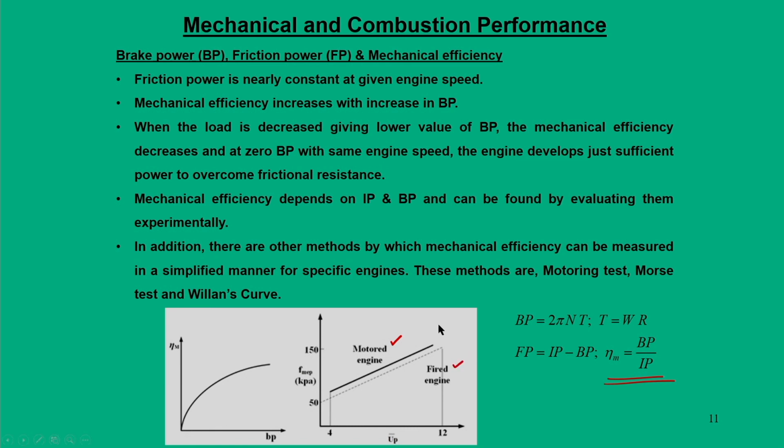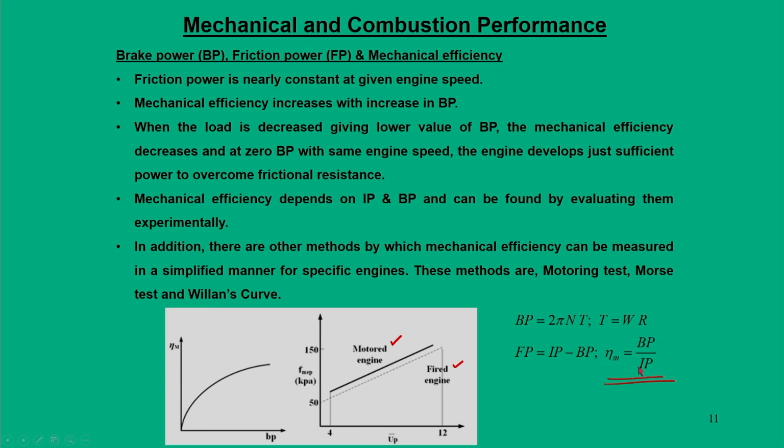In a motored engine the engine is running without any load, but in a fired engine the dynamometer intentionally applies a load onto the engine. All these things we need to calculate to find the brake power, indicated power and mechanical efficiency.